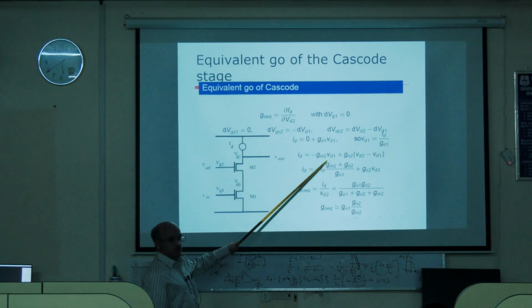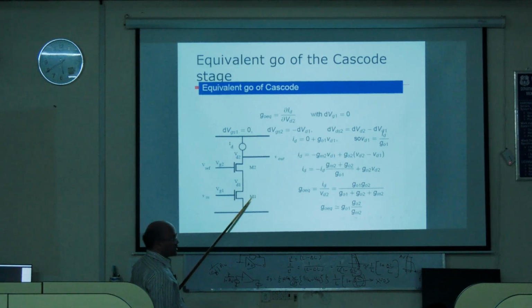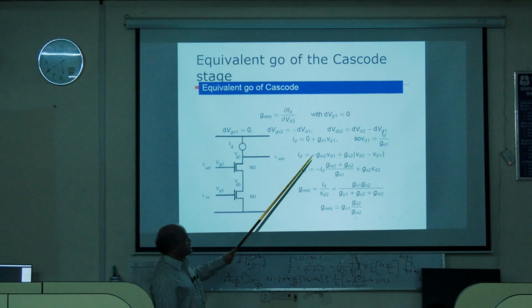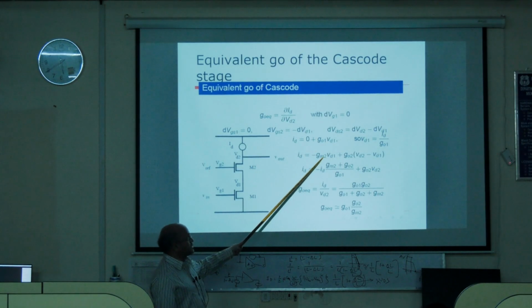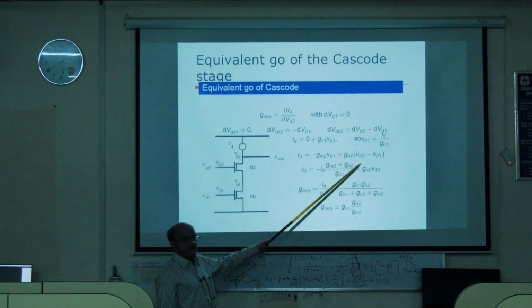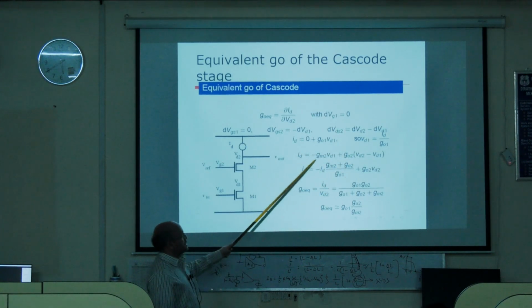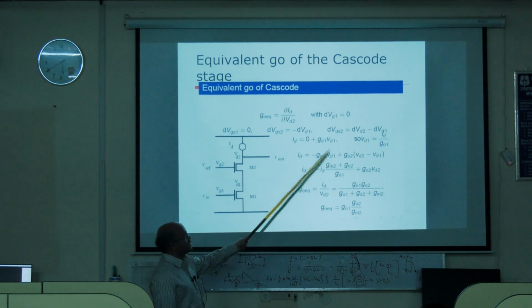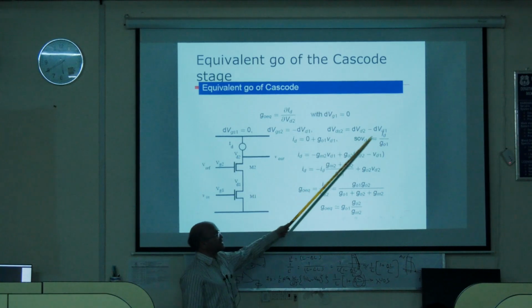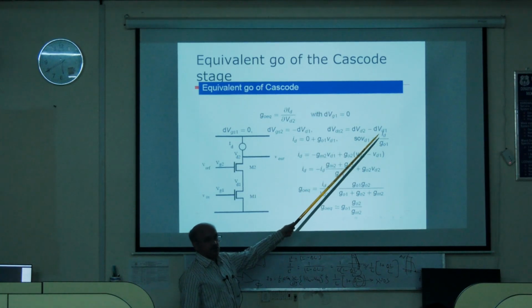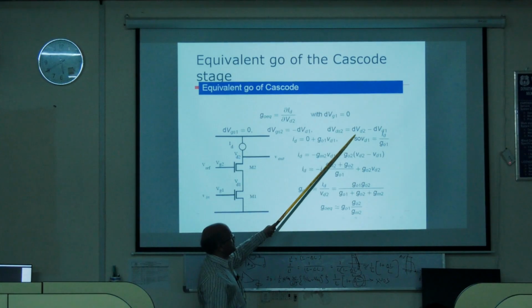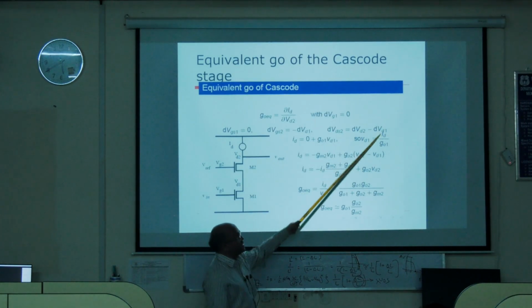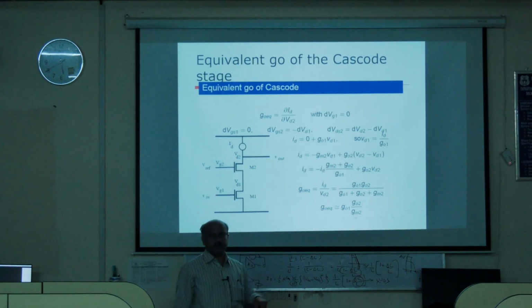Earlier we were not writing the S because it was already at ground. But this is not at ground, so I have to write Gm2 Vgs2 plus G02 Vds2. VDS2 we have already written: VDS2 is dVD2 minus, in the place of VS2, it is VD1.